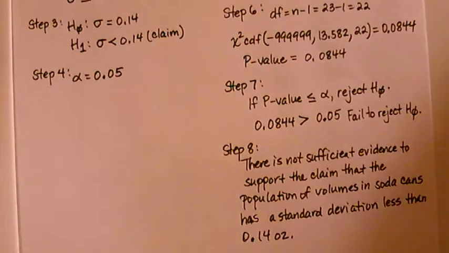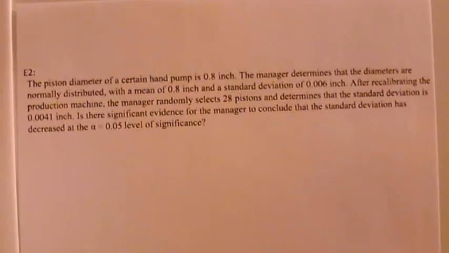Okay. All right. Now here's another example of a claim about a population standard deviation. The piston diameter of a certain hand pump is 0.8 inches. The manager determines that the diameters are normally distributed with a mean of 0.8 inch and a standard deviation of 0.006 inch.